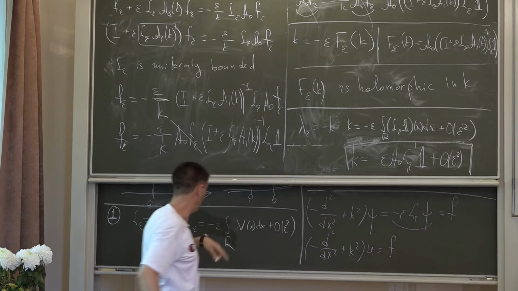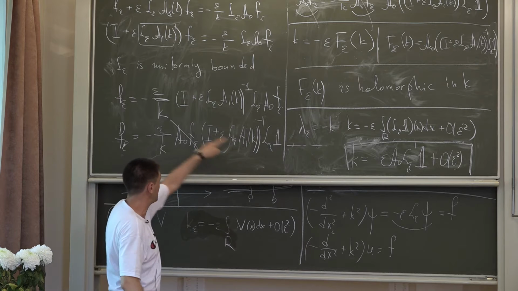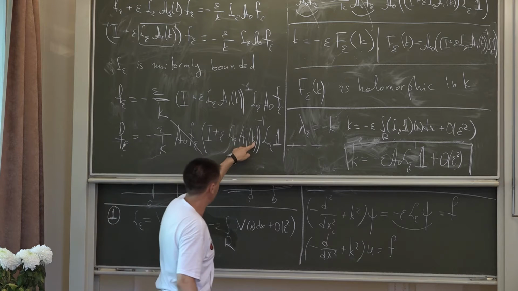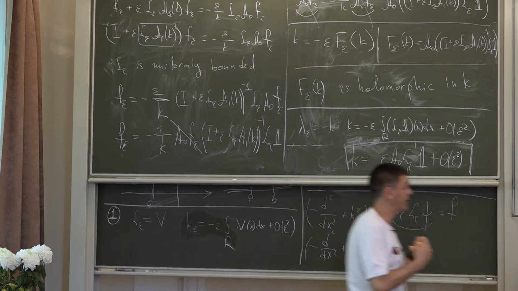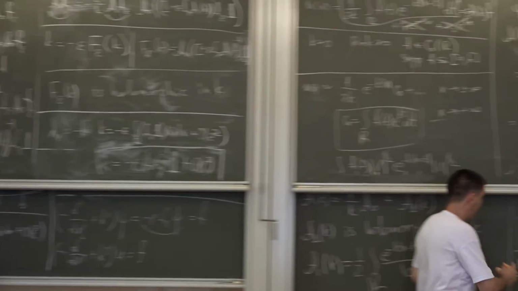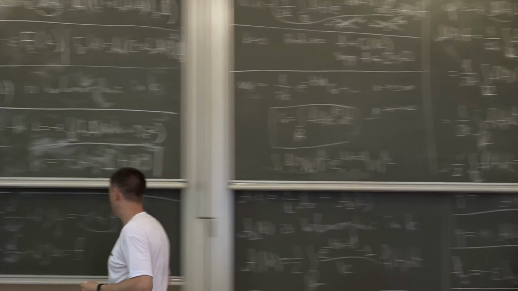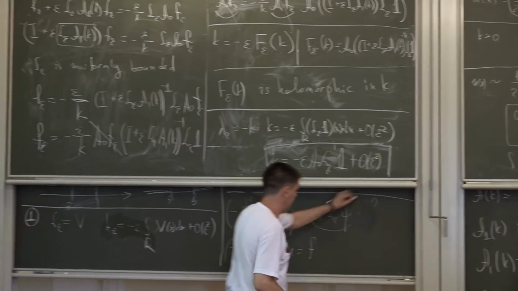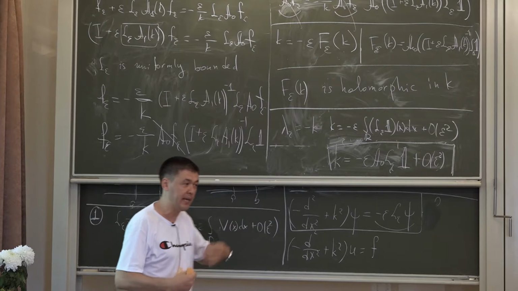And when I know this K epsilon, I have a function f epsilon, which can be found like this. And here I should put also my root of this equation. When I check this f epsilon, then I recover the function psi, and this function psi actually solves my eigenvalue equation. The only question is how this function behaves at infinity.